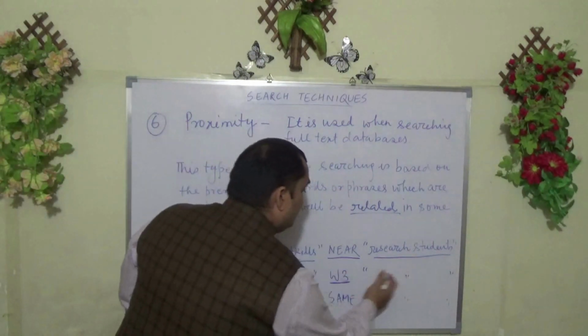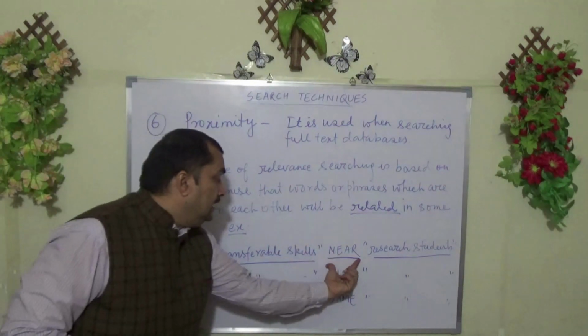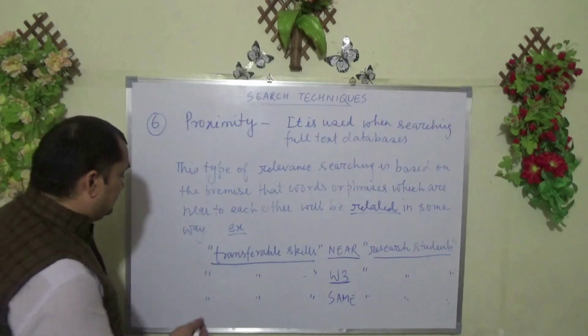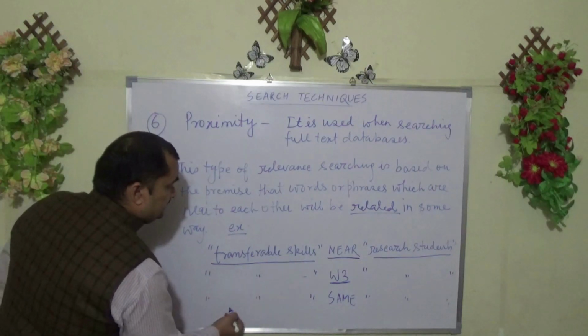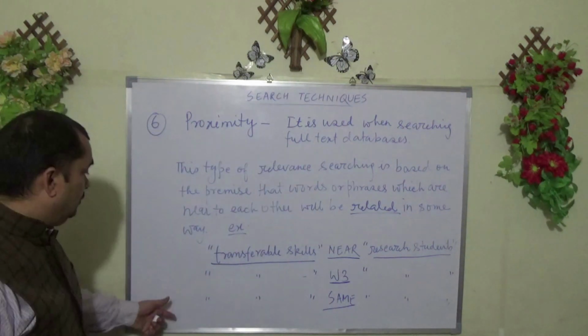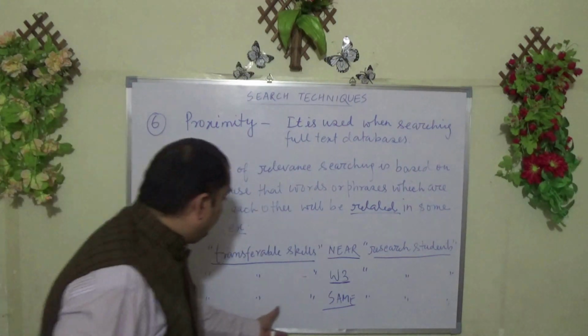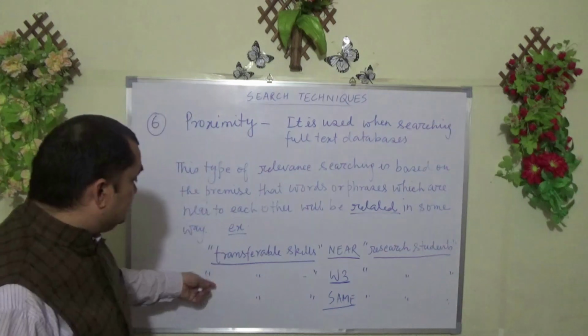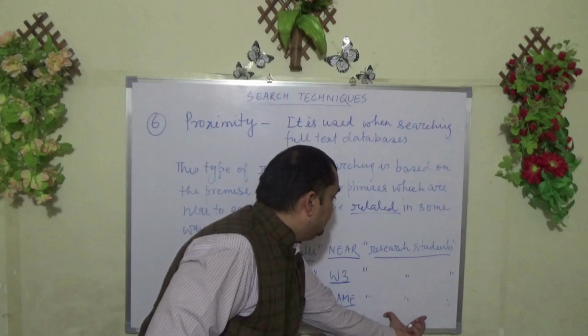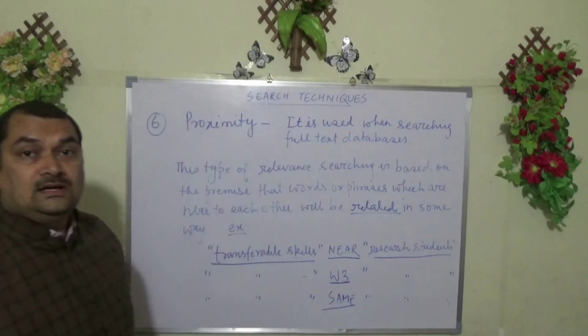So it will try to get the information based on near, W3 or same. In the same way, if I give transferable skills same research students, it will search in the same sentence wherever it finds research students.